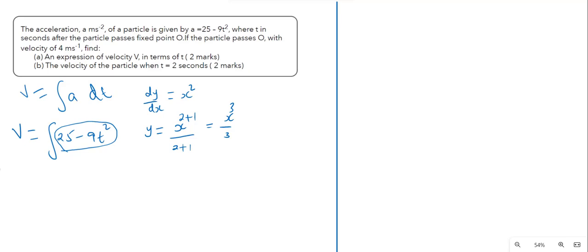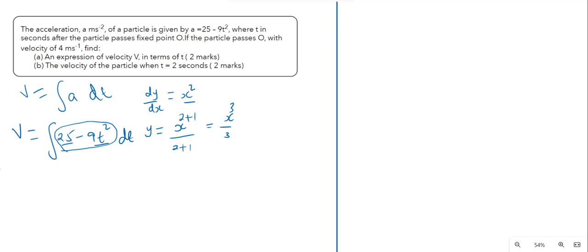So just like that, also we are going to integrate 25, we are going to integrate 9t squared, and you will find that the power of the variables in this expression will increase by 1. So we are integrating acceleration with respect to time, in this case t, and not x.